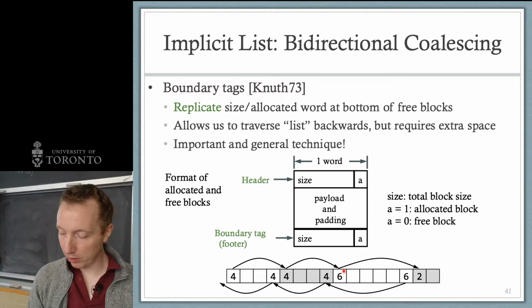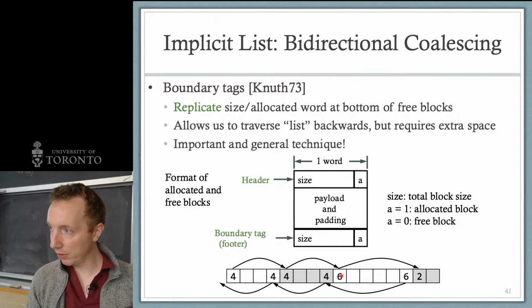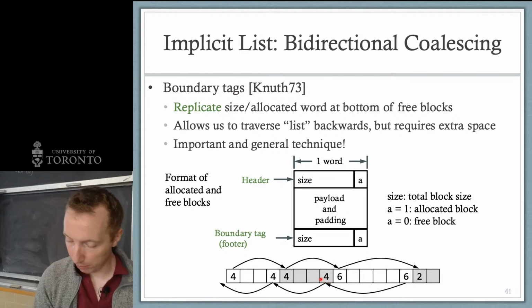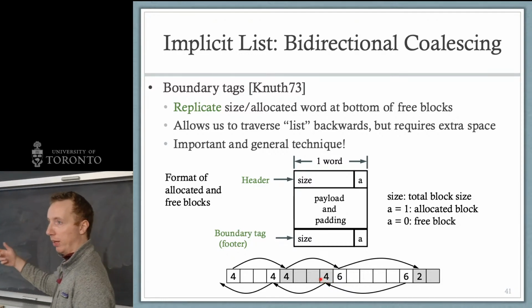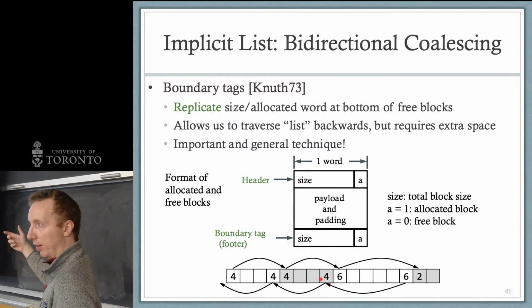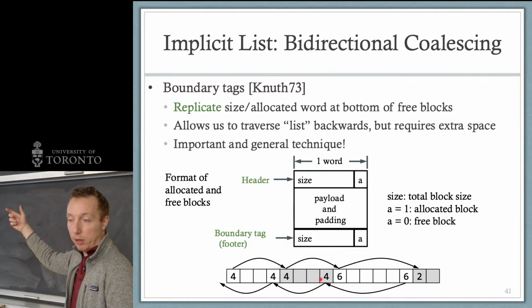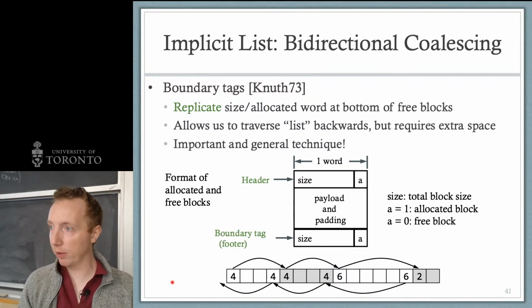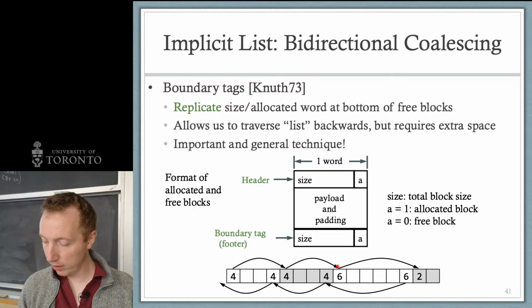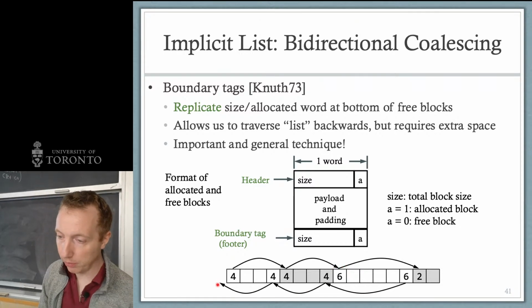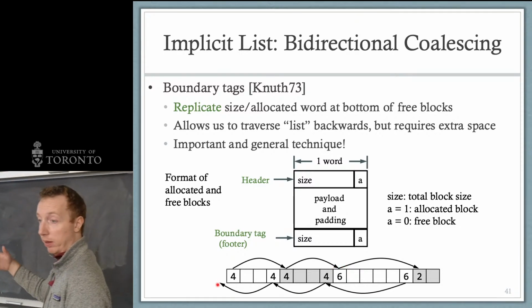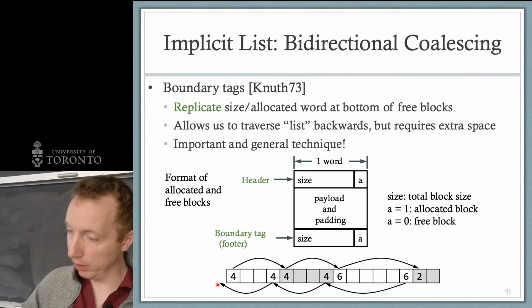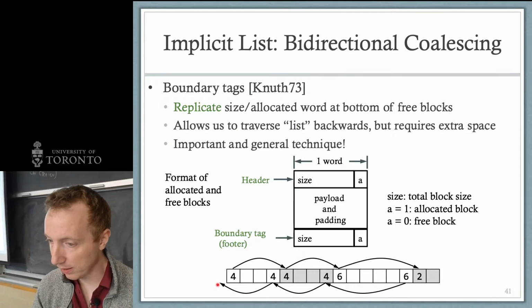If we want to go backwards from the header, you just read back one unit or one block. That tells you how many blocks to go back to get to the previous one, so we can jump the list backwards. Now we can go forwards and also backwards. Otherwise, it's exactly the same thing. We replicate that size block, and now we have a doubly linked list.